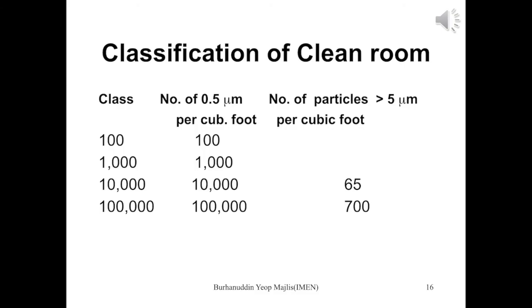As you can see on the slide, the classifications are class 100, class 1000, class 10,000, and 100,000. For class 100, the number of 0.5 micron particles per cubic foot is about 100. It's easy, 100 is 100. Class 1000 is 1000 particles of 0.5 micron per cubic foot. And class 10,000 is 10,000 particles. Class 100,000 is 100,000 particles. So this is easy to remember, how we classify the cleanliness of a clean room.